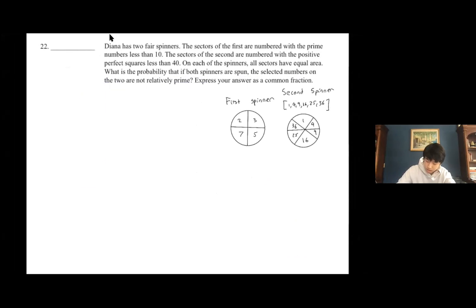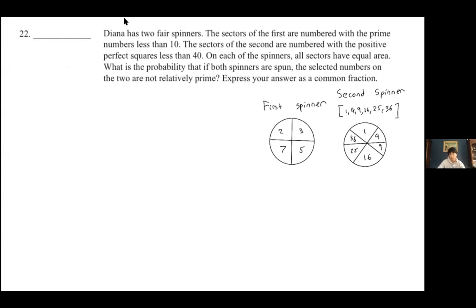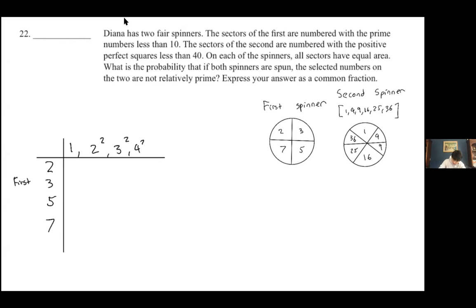Okay. So we will now set up a table of the values. Our results from the first will be something from 2, 3, 5, and 7, whereas the results of the second spinner will be 1, 2 squared, 3 squared, 4 squared, 5 squared, and 6 squared.